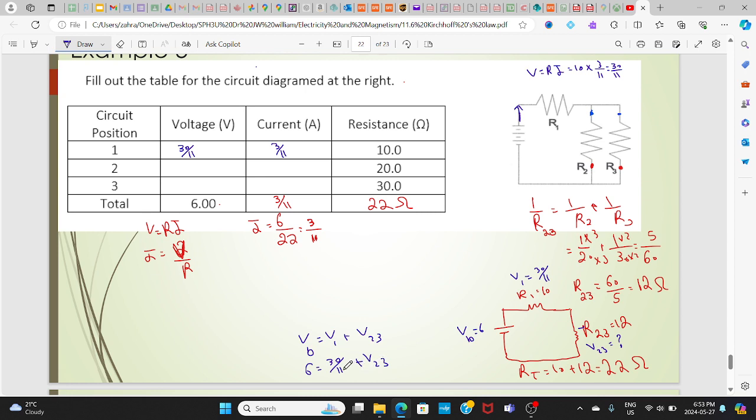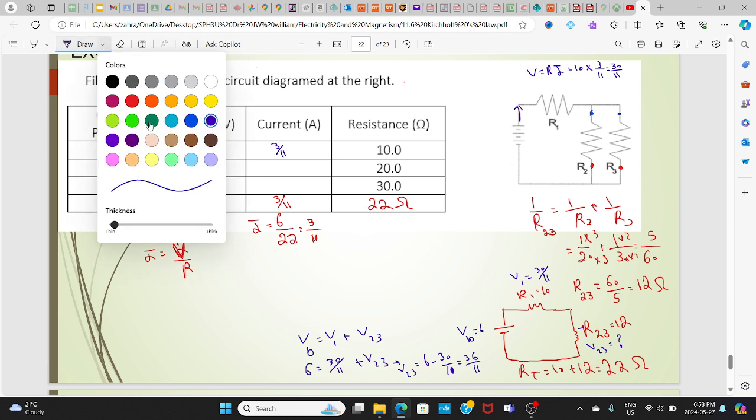So rearranging, V23 is equal to 6 minus 30 over 11. So 66 minus 30 over 11 is going to be 36 over 11.